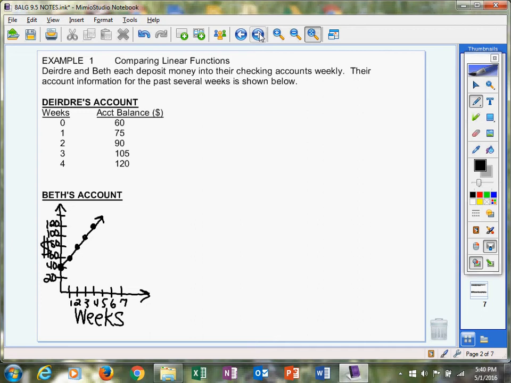Deirdre and Beth each deposit money into their checking accounts weekly. Their account information for the past several weeks is shown below. And what they want us to do is compare their slopes and compare their y-intercepts. Find meaning in them. So this is what I would advise you to do. Let's call Deirdre D, and we'll call Beth B. And we're going to make a little chart here, okay?